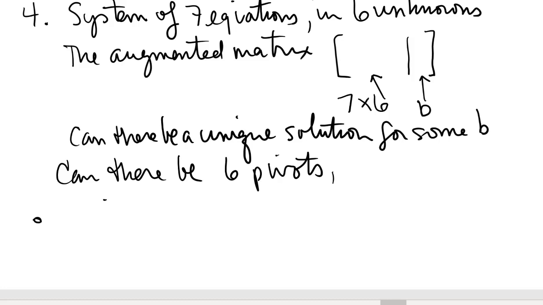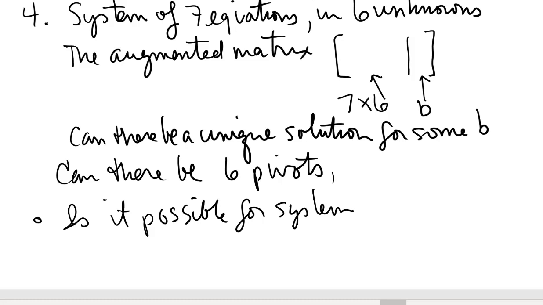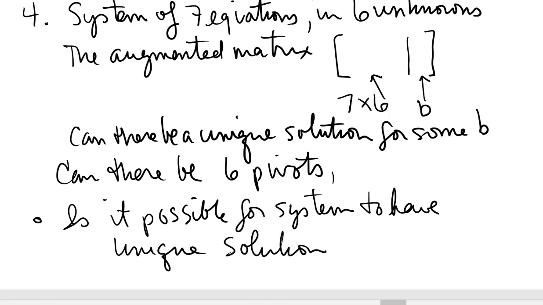Okay, the next question is, is it possible for the system to have a unique solution for all b, for all columns of constants b?